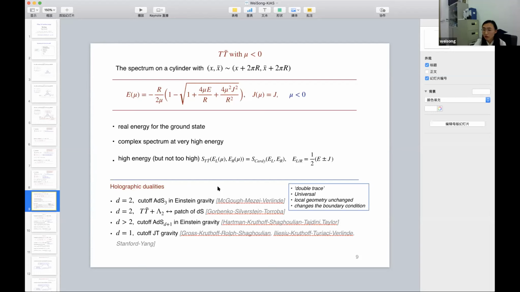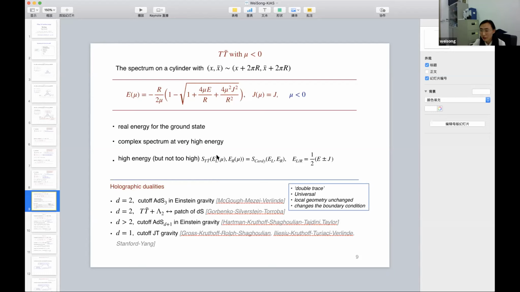Thanks. In principle, one can also add matter, but TTbar only imposes a boundary condition for the graviton. Imposing a Dirichlet boundary condition for other matter corresponds to doing a double trace-like deformation for the matter as well.